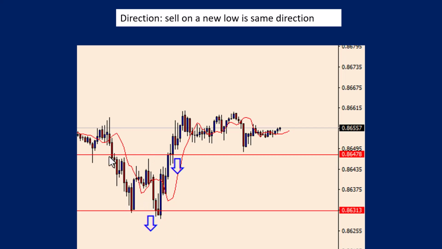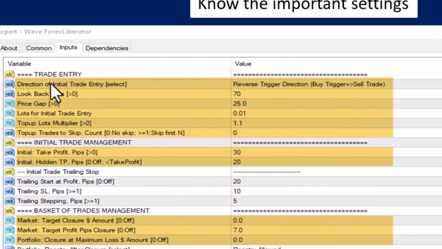If it was a bounce transaction, the EA would be opening a buy transaction there and would be trading against the trend. And that is the setting that there is. Are you trading in the same direction, or are you trading in the opposite direction? So now we've determined that this EA uses the same direction. And this is the setting that we're looking at, direction of initial trade.